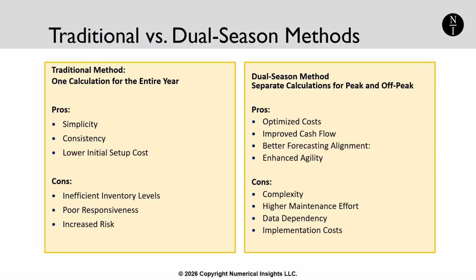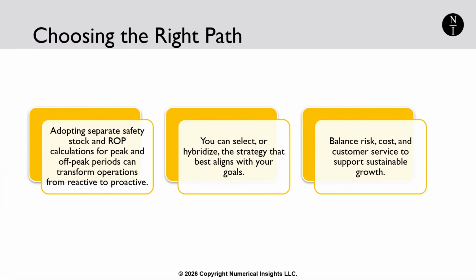Upfront investment in analytics tools or training might deter smaller operations, though long-term savings often outweigh this. In summary, the traditional method suits stable or mildly seasonal businesses, prioritizing ease, while the dual season approach excels for highly variable demand, offering superior efficiency at the cost of added sophistication and complexity.